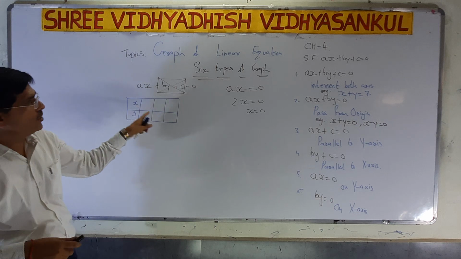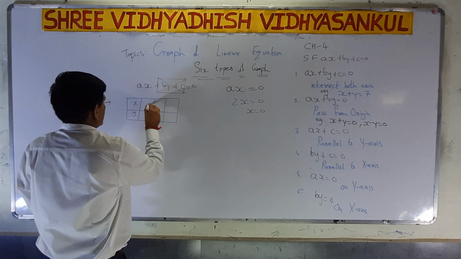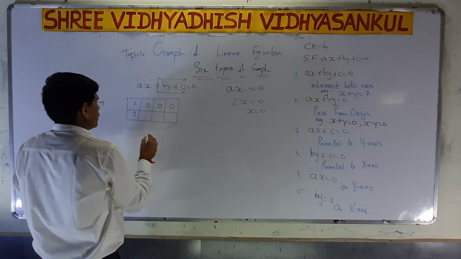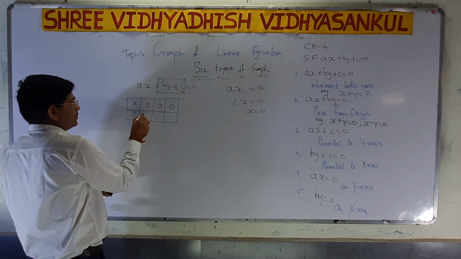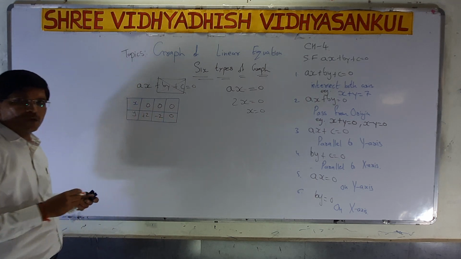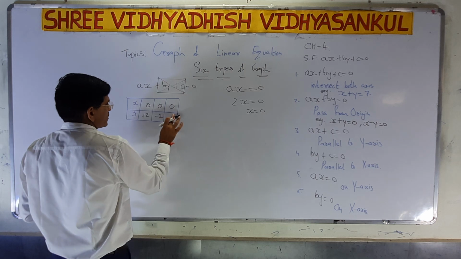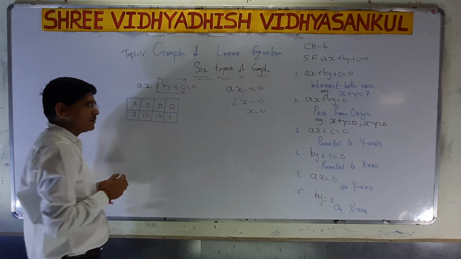The value of x is 0, that is fixed. So 0, 0, 0. We can take any value for y, plus 2, minus 2, and we can also take 0. If you are not satisfied, we can take any value.